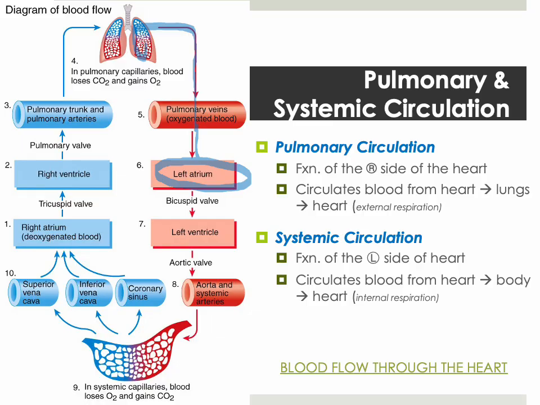From there, it's going to be pushed through the bicuspid valve to the left ventricle, right? After being contracted, it's going to go through the aortic valve to the ascending aorta and the systemic circulation through all the arteries.